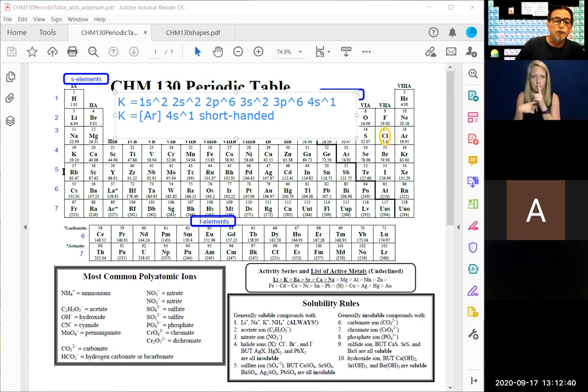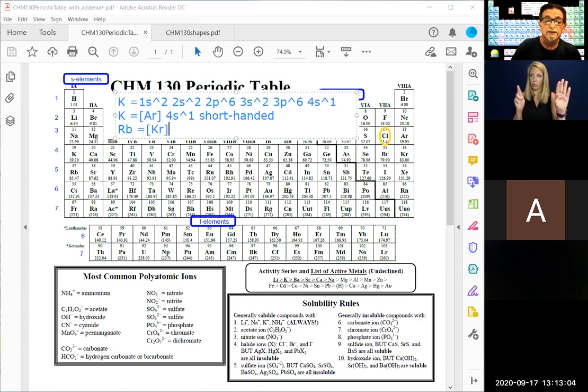Exactly. Let's do number 37, rubidium, Rb. If I needed to do the electron configuration for that using the shorthand method, Rb 37, the noble gas behind it is number 36, which is krypton.